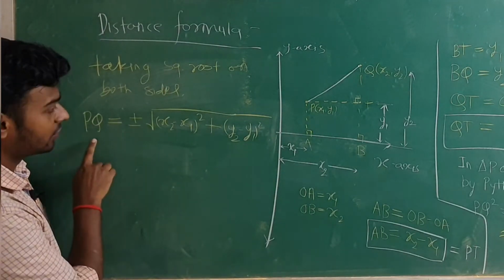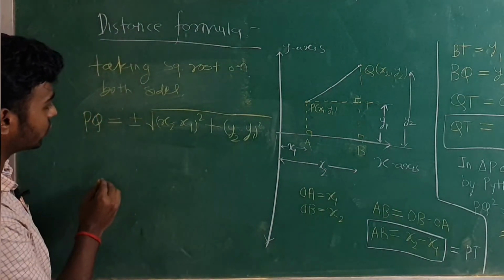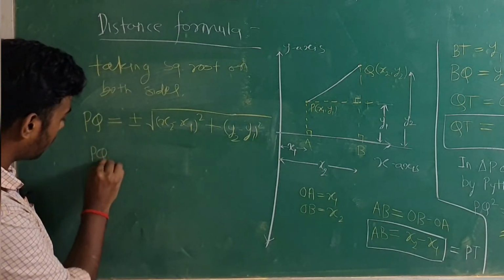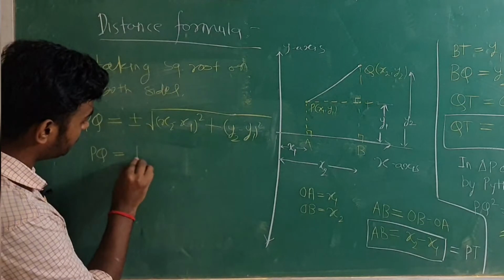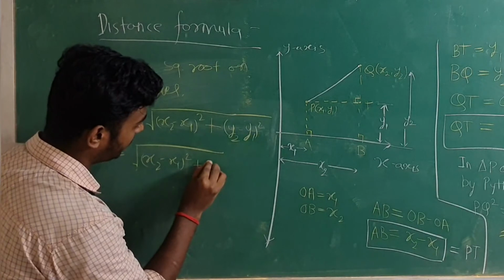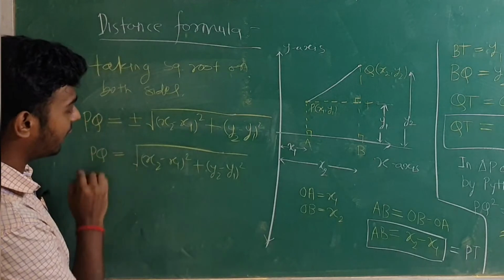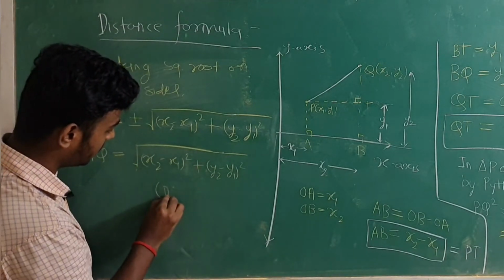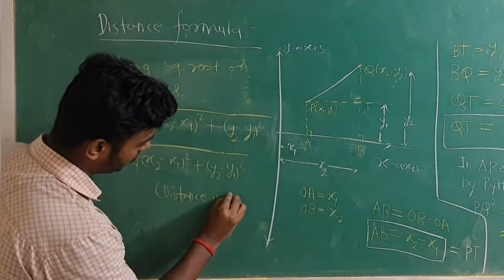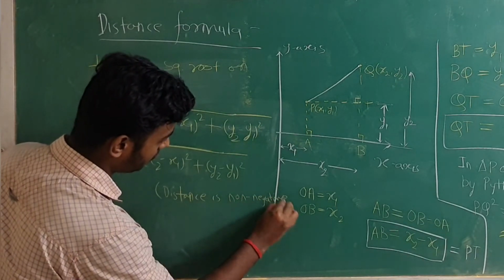And you know that PQ is a distance, so it is always positive, so we neglect the negative value. So now PQ becomes the square root of (x2 minus x1) the whole square plus (y2 minus y1) the whole square. Why do we write this? Because distance is a non-negative value.